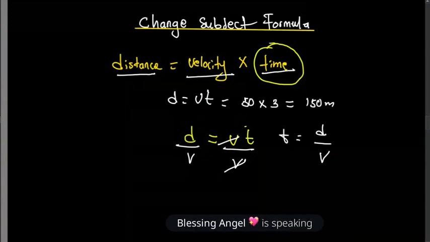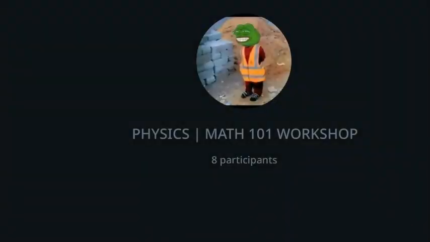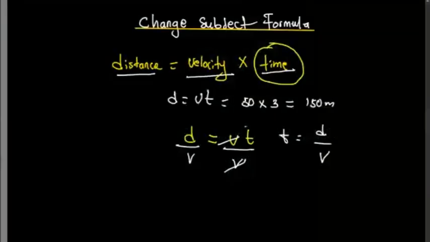Okay. So this is just a basic form of changing the subject of formula. We have other complex ones. Let's say, for example, let's take the third equation of motion. V square is equal to U square minus 2GH.